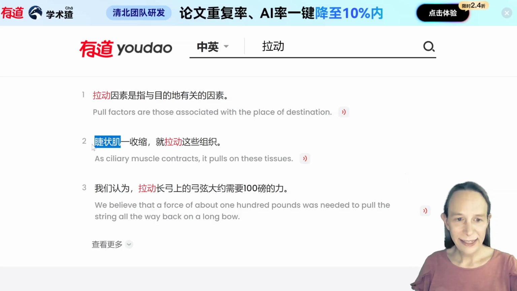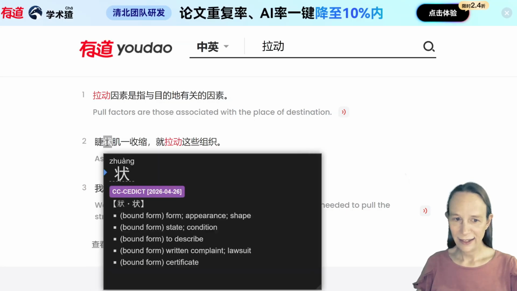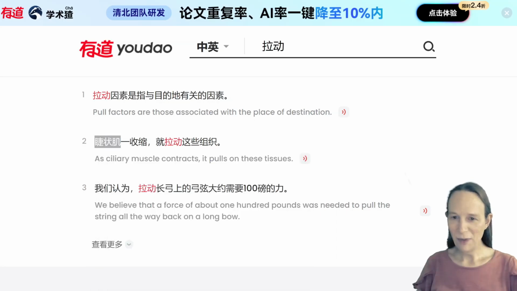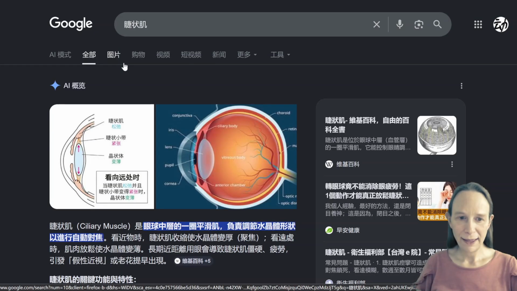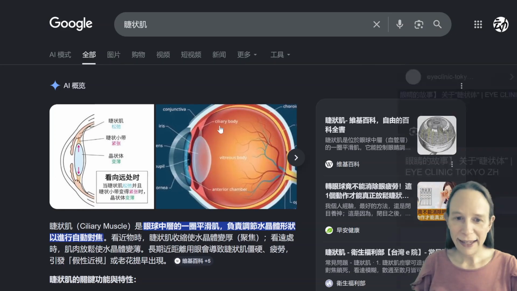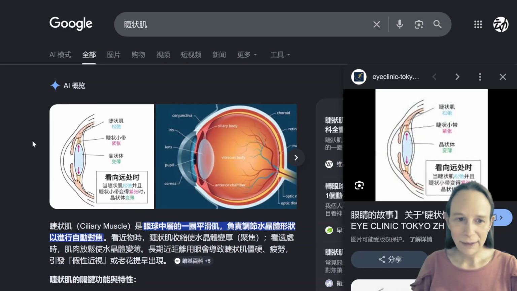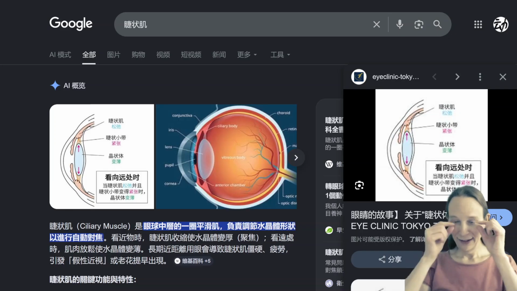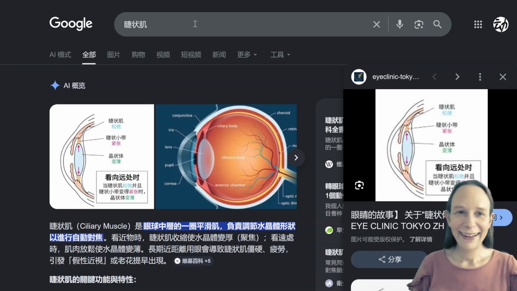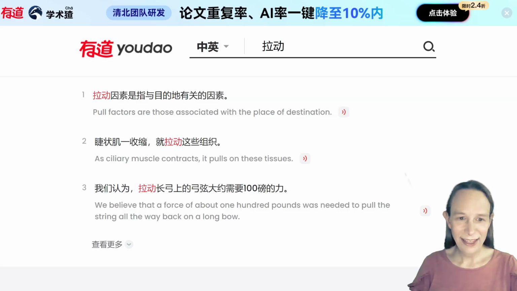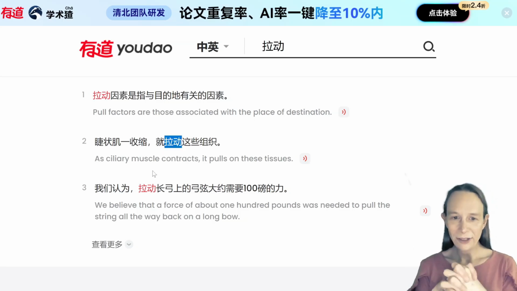睫状肌一收缩就拉动这些组织。What is 睫状肌? I don't know. Some eyebrow related muscle, or maybe eyelash related muscle. Oh, maybe it's an eye related muscle. All right, something in my eye. And when that thing contracts, 就拉动这些组织.